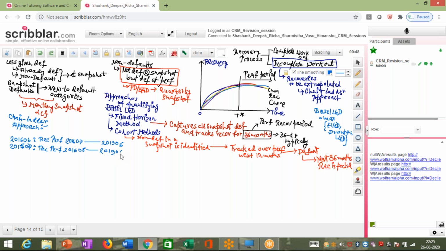So over here, if you look into this, accounts which have defaulted in 2016-07, I have 36 months of information that is fixed.